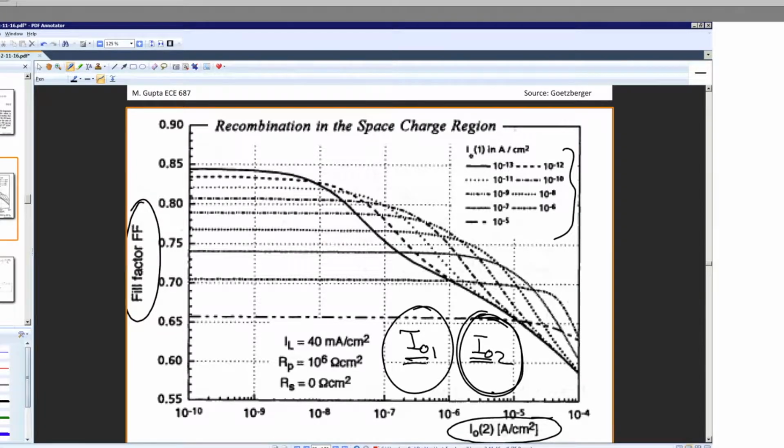So you want I0 to be in this region, and among this graph, you want high fill factor. So you want about this one, which gives I01 of about 10 to the minus 11 type, I02 like 10 to the minus 9 or 8 values. If you do that, then you will have a chance of getting high efficiency. And if you fabricate a solar cell and you find that your dark currents are very high, you know why your efficiency is low.